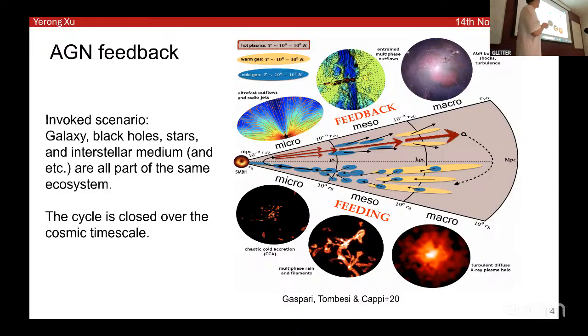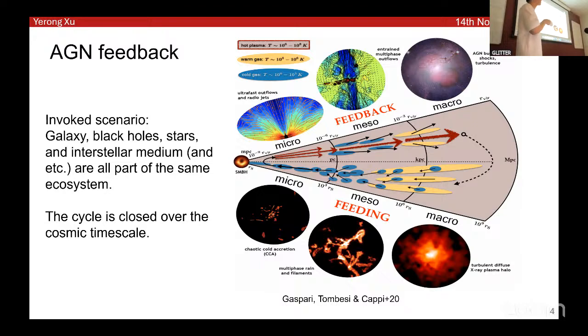So all the parts in this picture, like the galaxy, black holes, stars, and interstellar medium, build up a thorough ecosystem. The feeding and feedback processes are closed over cosmic time scales.